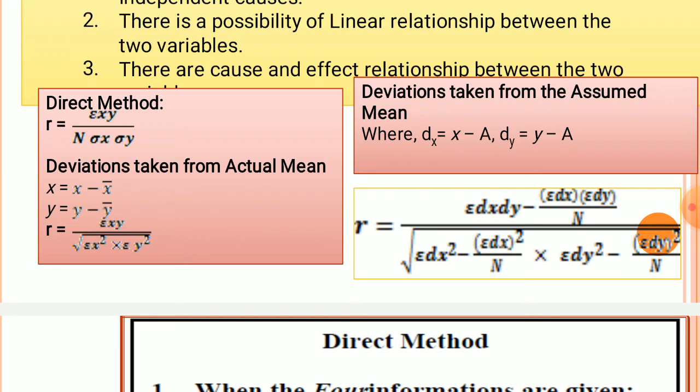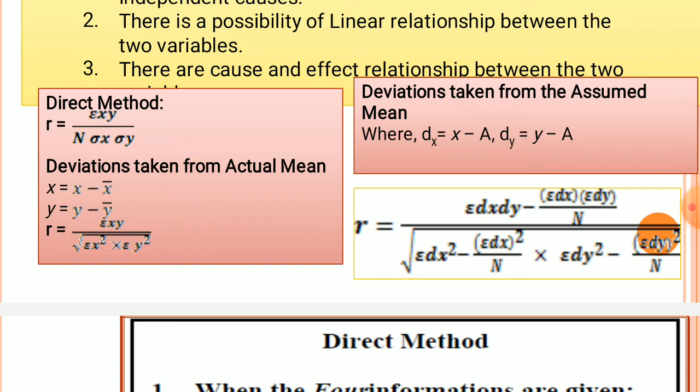dx is equal to differences for given x values, x minus a, and dy is represented for the given y values, or another set of the variable, y. dy is equal to y minus a.